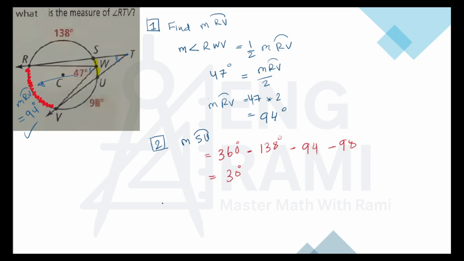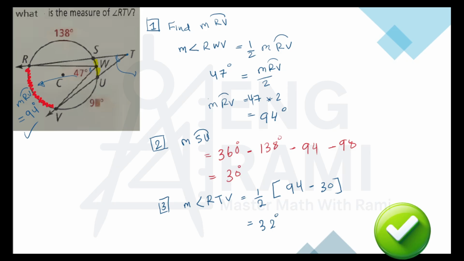Last step, the measure of angle RTV equals half of the measure of the big arc, which is 94, minus the measure of the small arc, which is 30. Applying that on the calculator, it will give us 32 degrees. So this angle is 32 degrees.